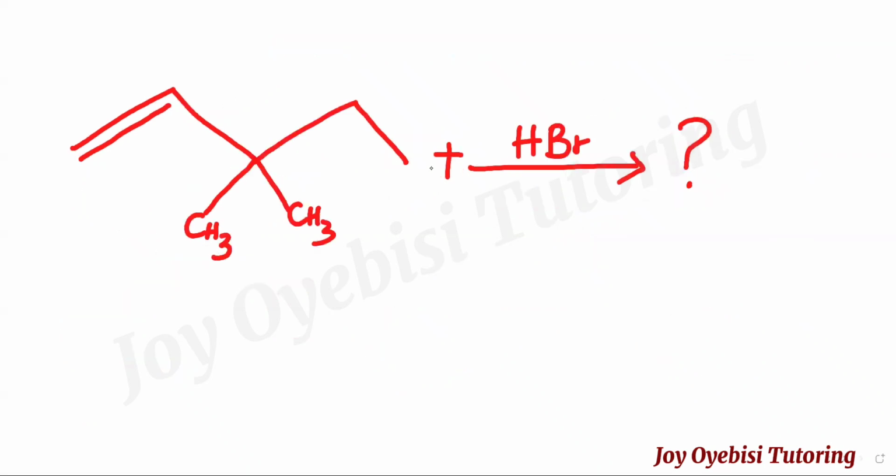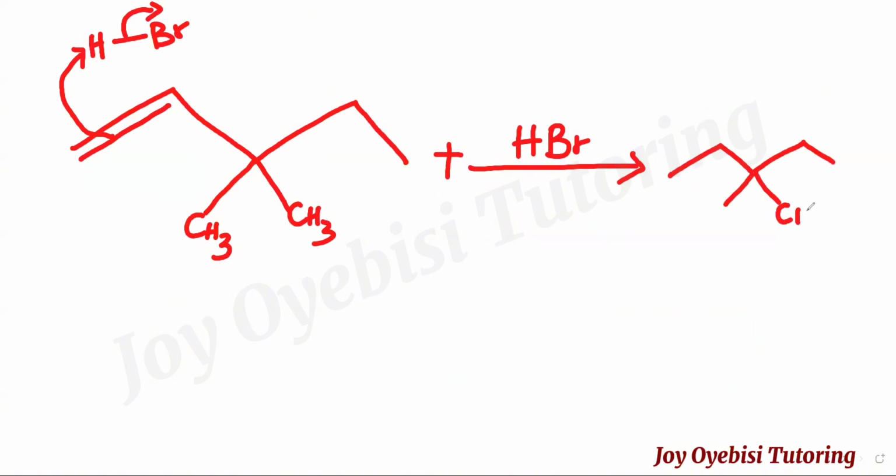For the second one that we have here, again, we're going to start off by this picking up the hydrogen. So expand this compound and put in all the bonds. This is going to go ahead and pick up the hydrogen, and this bond will break. On this side of the reaction, we are going to look at Markovnikov's rule.